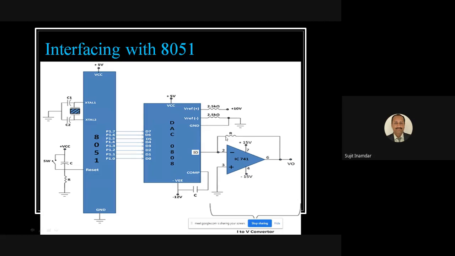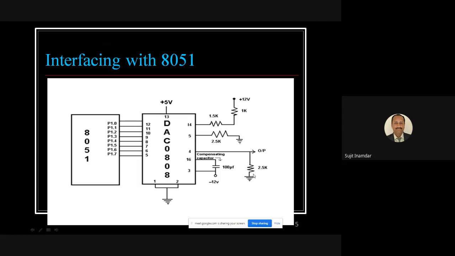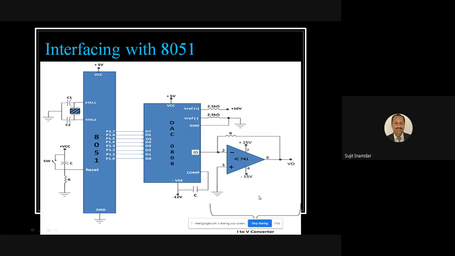But in this diagram they have added some external circuitry, and the reason for that also, yesterday we discussed, that is the I to V converter. In the earlier diagram only one resistor did that work, but in this diagram, for more accuracy, they got the output over here by using the op-amp. So what is this 741? You might know better than me. Got it?